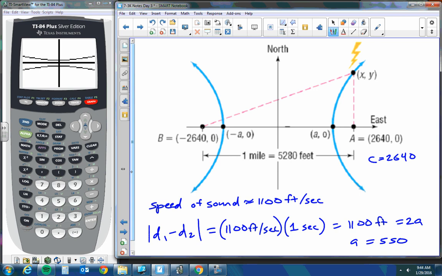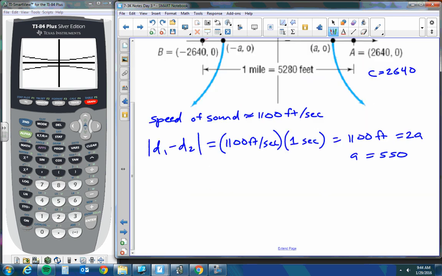So, go ahead and figure out the equation for this hyperbola. Once again, you have to find b, really b squared, by doing c squared minus a squared. By the way, just before you do that, watch this. Once again, it's horizontal, and we're making the center be at the origin, so it's just x squared minus y squared.